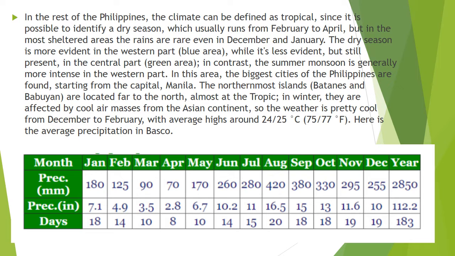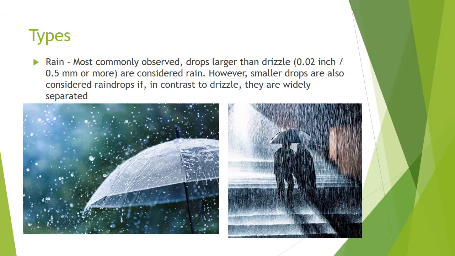So a total in a year, we have this 2,850. While in precipitation in inches, so in a year, we have this 112.2. So number of days, we have this 18, 14, 10, 8, 10, 14, 15, 20, 18, and so on and so forth. So in a year, we have a total of 180.